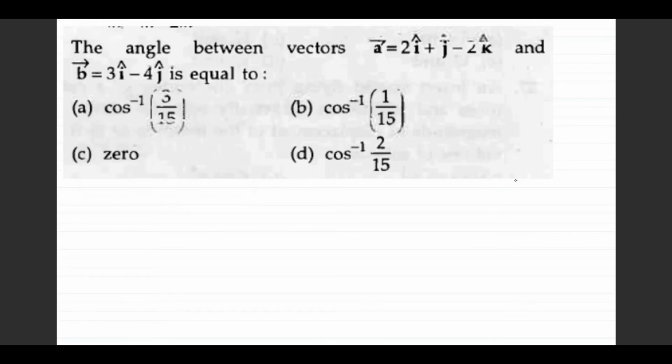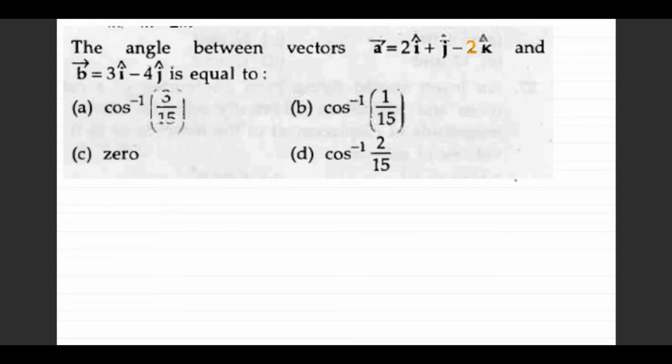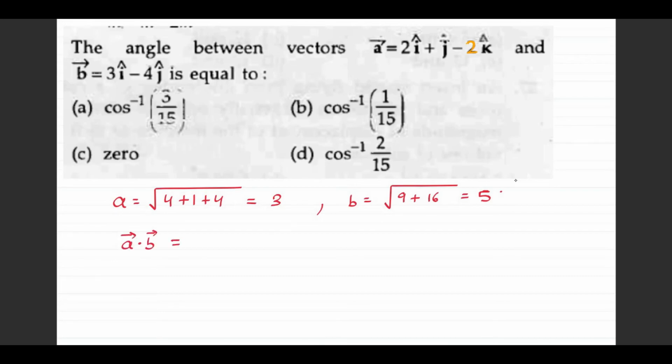This is 2. So we are looking for angle between the vectors. First of all, modulus of A I will calculate. It will be 4 plus 1 plus 4. So it will be 3. Modulus of B will be 3 square plus minus 4 square. So this will be 5. I can write A dot B is AB cos theta.